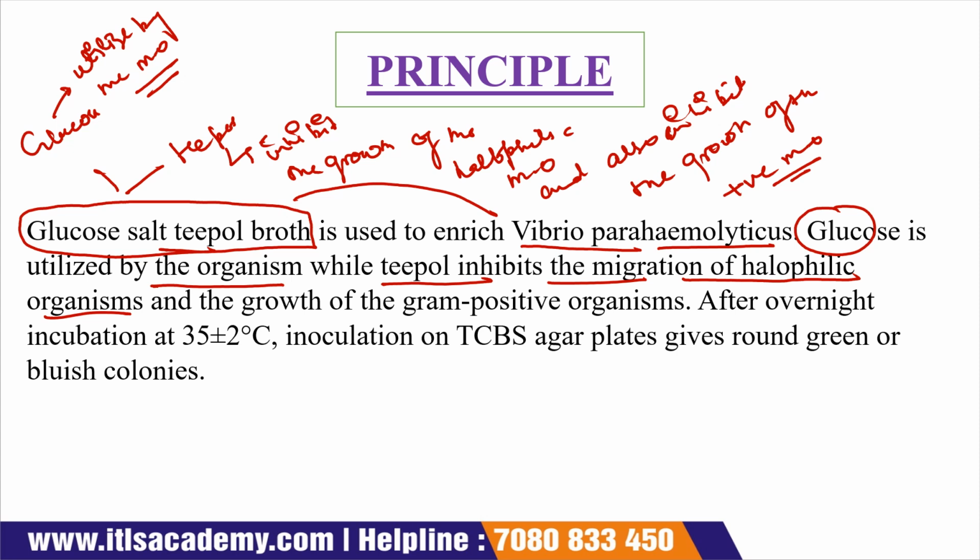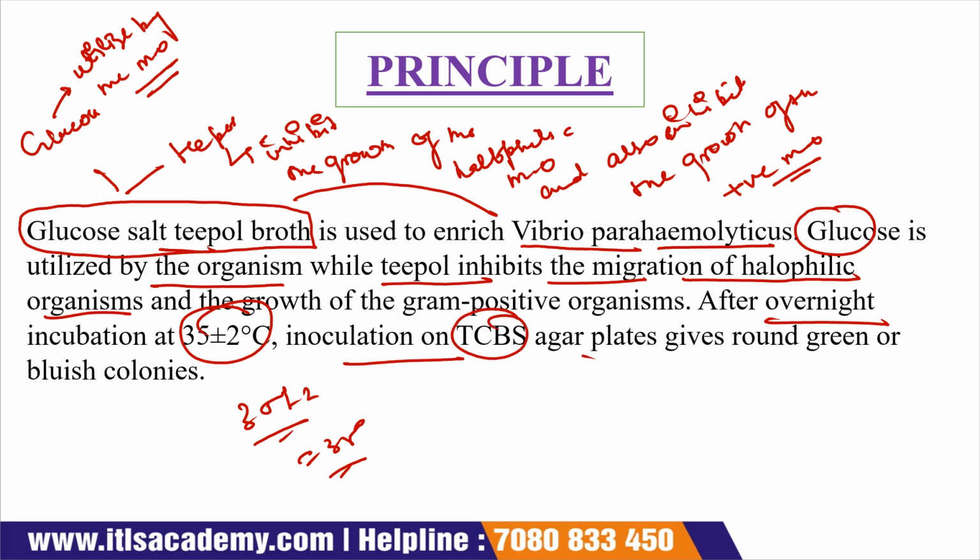The incubation is overnight at 37 degrees Celsius, that is 35 plus minus 2. Inoculation on TCBS agar plate gives round green or bluish colonies.